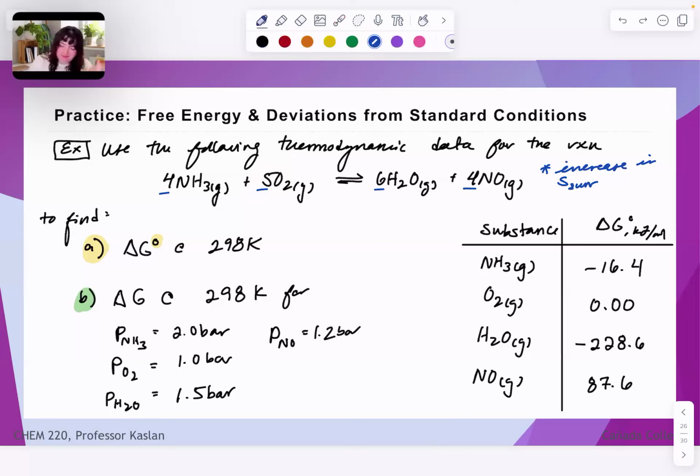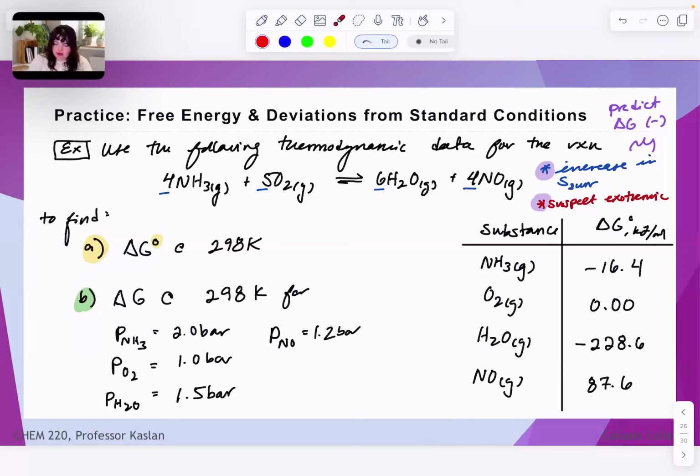I mean, hydrocarbon combustions are absolutely exothermic, but we suspect exothermicity, which would mean if we are increasing the entropy of the surroundings and also exothermic, then just conceptually, we might be able to predict that delta G is negative, meaning we are spontaneous. But let's see if we can figure that out.